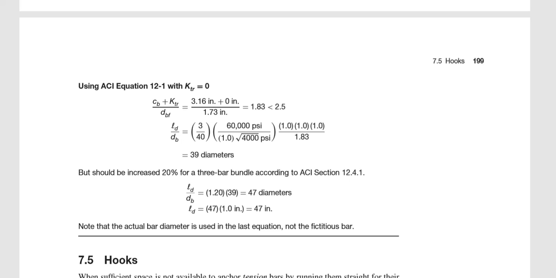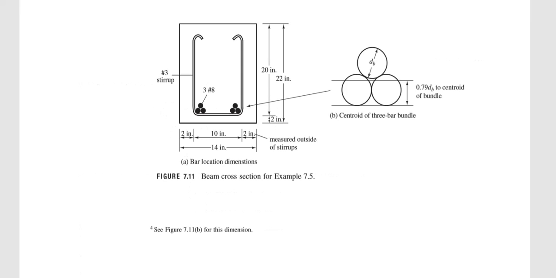If I want to expand this, how to calculate KTR? You know that KTR, if you can remember the equation, is 40 times ATR divided by SN. Now what is the area? If I go, the area will be number 3, 1, 2. So 1 is 0.11 times 2. That is the area. What is S?